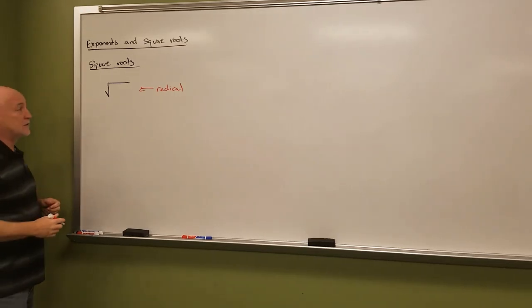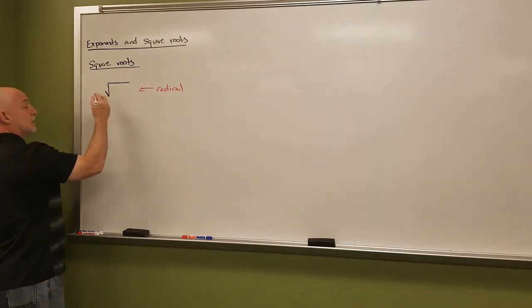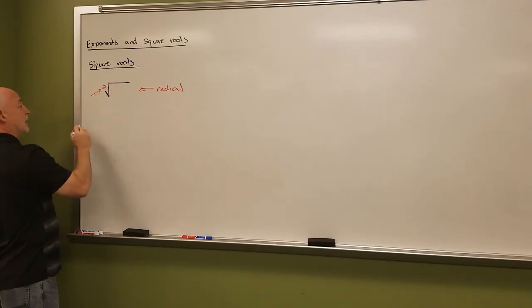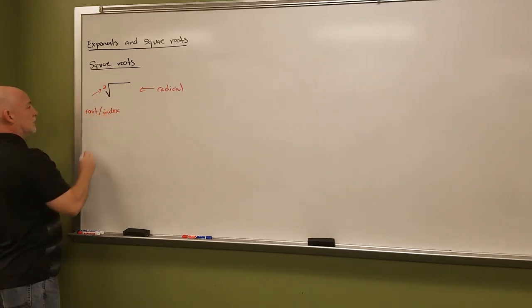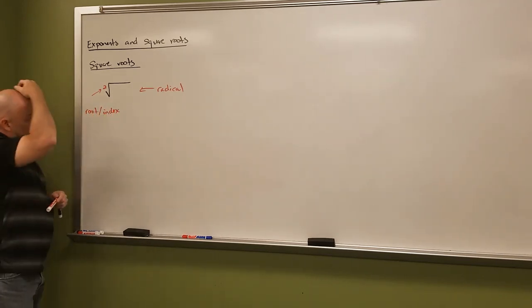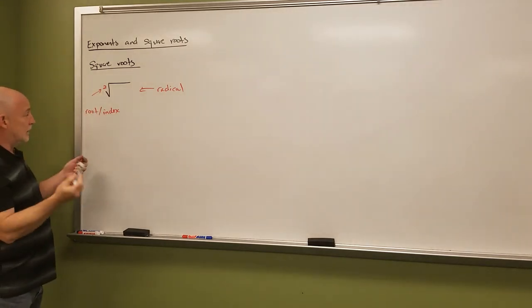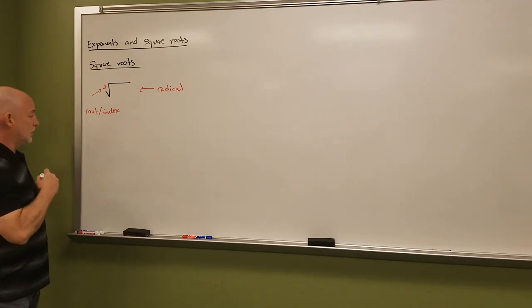Now, it's called a square root because technically, even though we don't write it because we're lazy, there's a 2 right there, and that is called the root or the index. You don't need to write that 2 there, it's understood to. We just say if you don't see a number there, we just know that it's a 2.